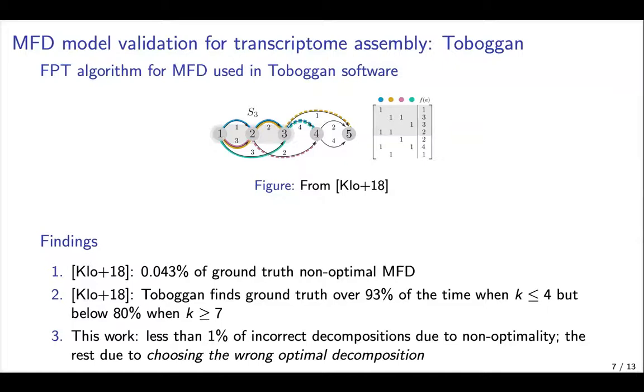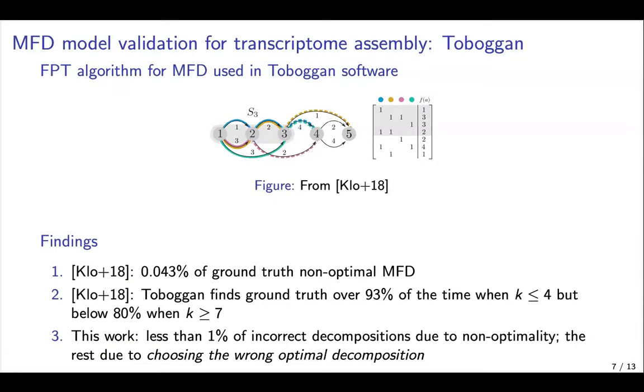So in our work, we dig a little deeper into their data and using their software, and we find that the errors when using MFD for transcript assembly are due to choosing the wrong optimal decomposition when multiple exist.